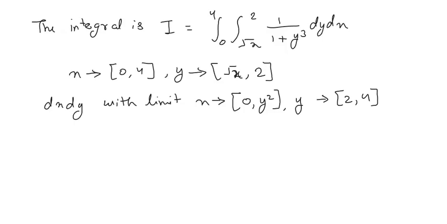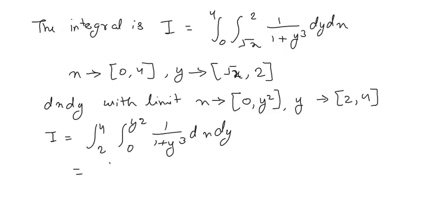After that, I is equal to the integral from 2 to 4 and the second integration from 0 to y square of 1 upon 1 plus y cube dx dy.